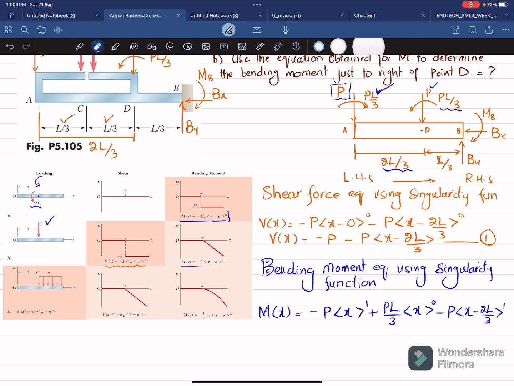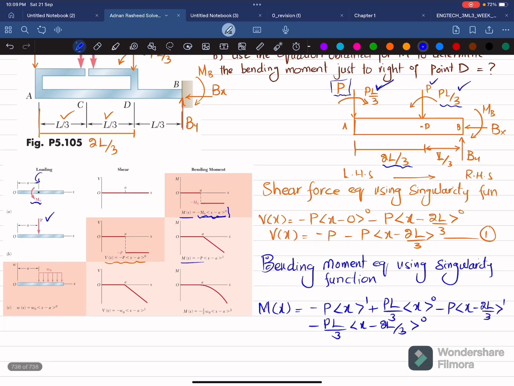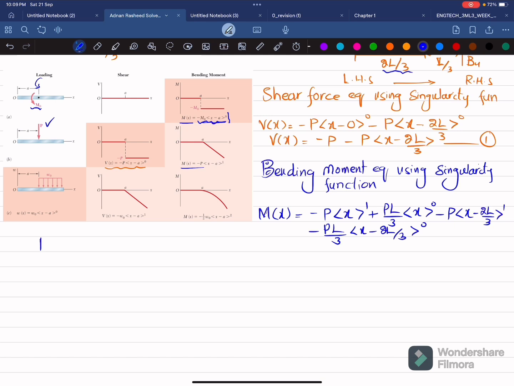counterclockwise, so it will be minus M naught. So minus M naught is PL over 3. Over here you can see moment is PL over 3 into x minus a, where a is 2L by 3, power 0. Okay, so what we can do is simplify it.